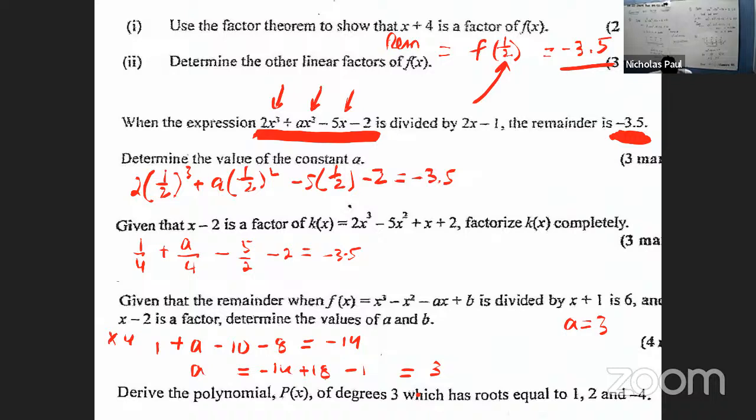Multiply everything by 4. It's 4 times 3.5, that's 14, right? Right.